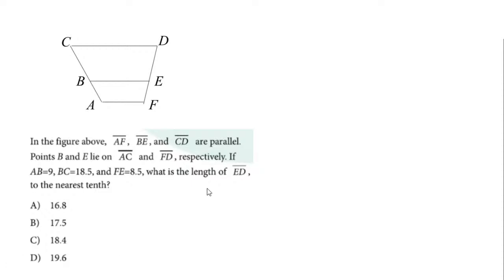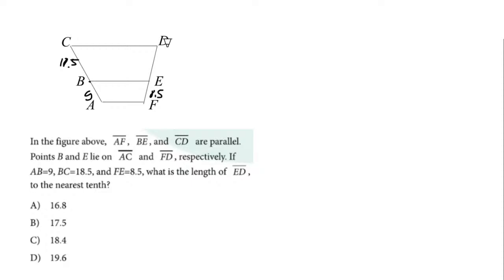So we have such a figure here, and it says that these lines are parallel. Their points B and E lie on AC and FD respectively. AB is 9, BC is 18.5, FE is 8.5.